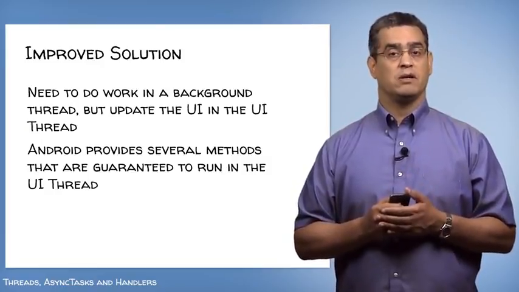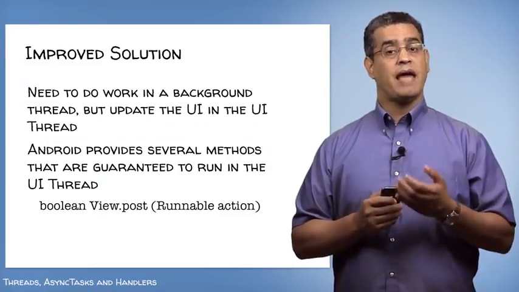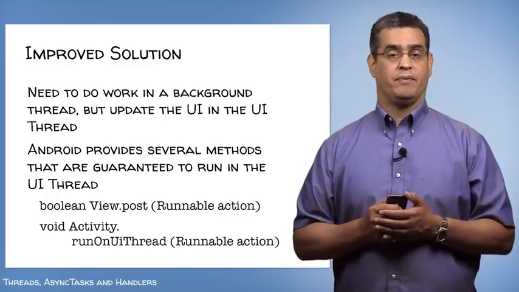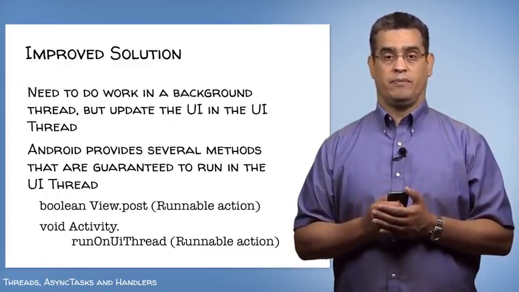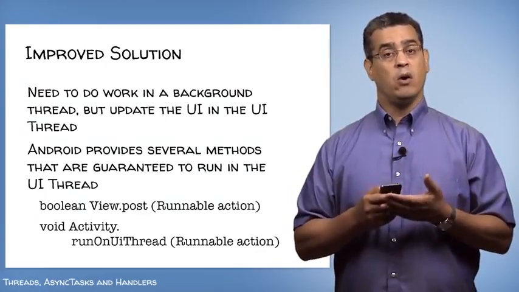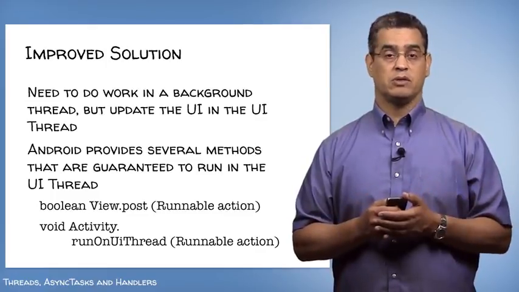Two of those methods are the View class's post method and the Activity class's runOnUiThread. Both of these methods take a Runnable parameter. This Runnable would, for example, contain the code that updates the display in our recent examples.